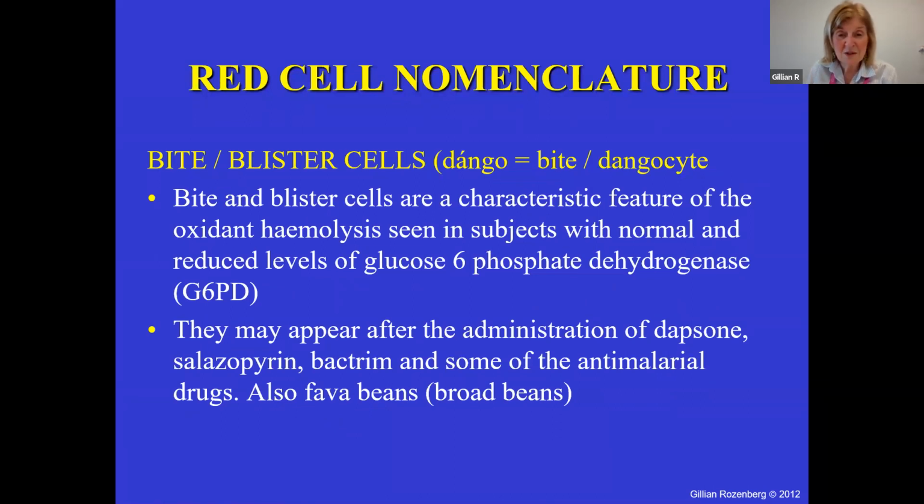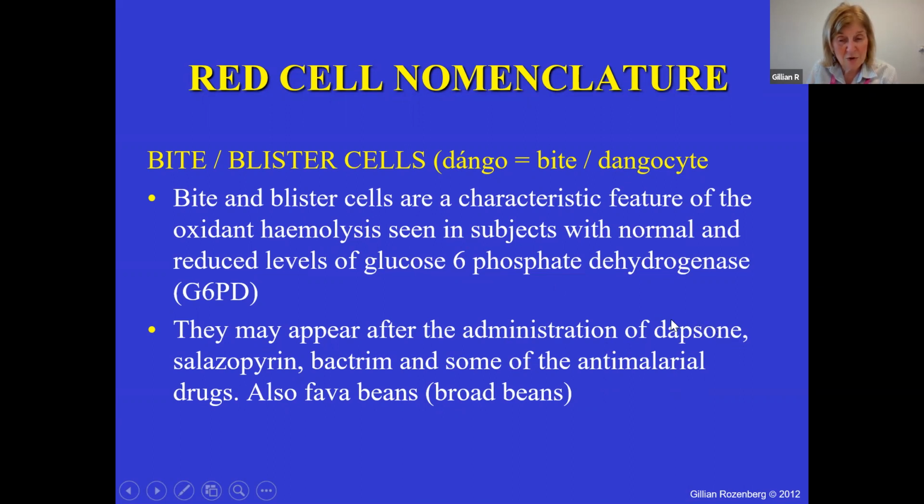Bite and blister cells are a characteristic feature of oxidant hemolysis, seen in subjects with normal and reduced levels of glucose 6-phosphate dehydrogenase. They may appear after the administration of oxidant drugs, which are the ones we most commonly come in contact with when we're looking at blood film morphology.